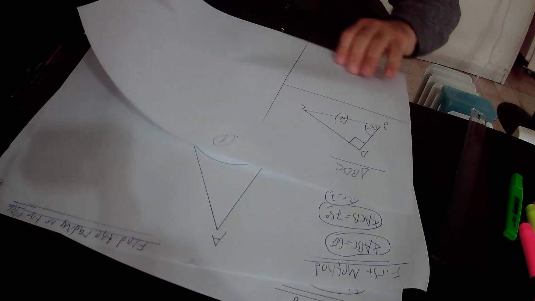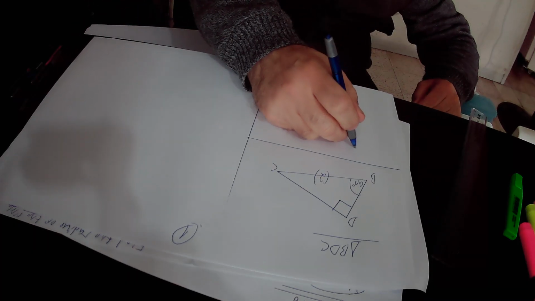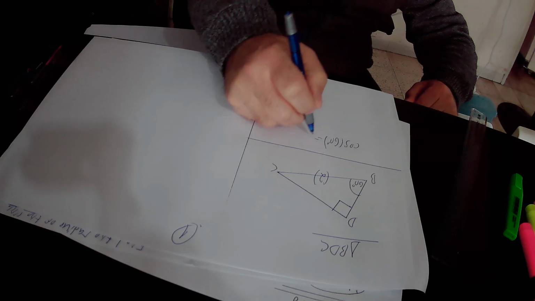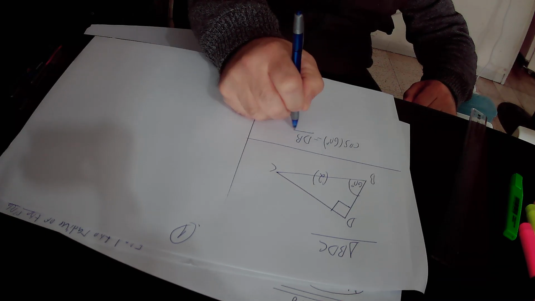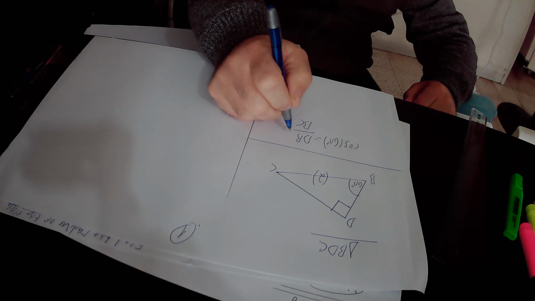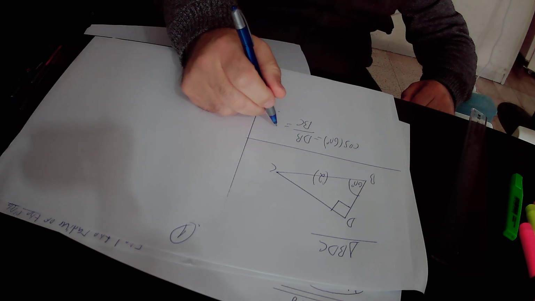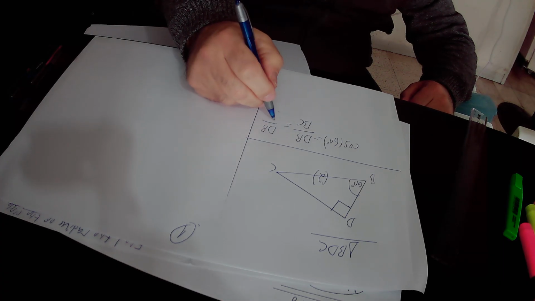Cosine 60 degrees equals DB over BC. BC is 2.